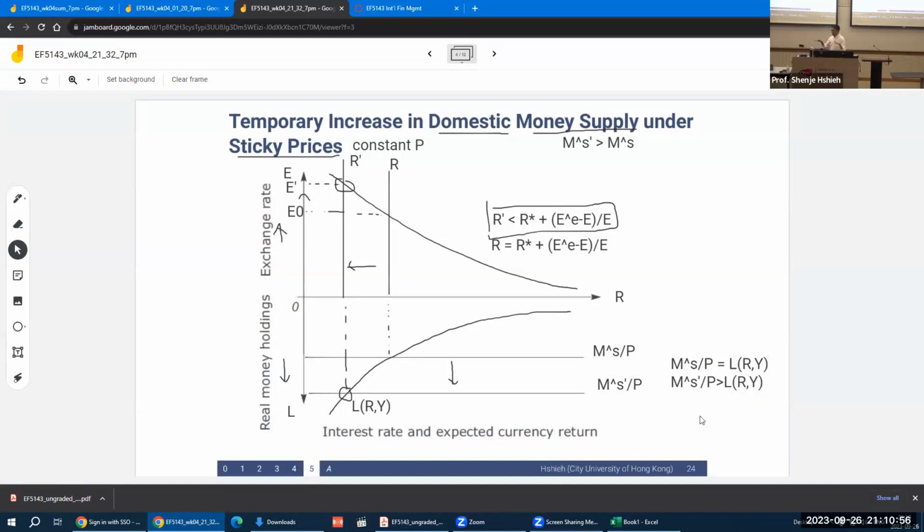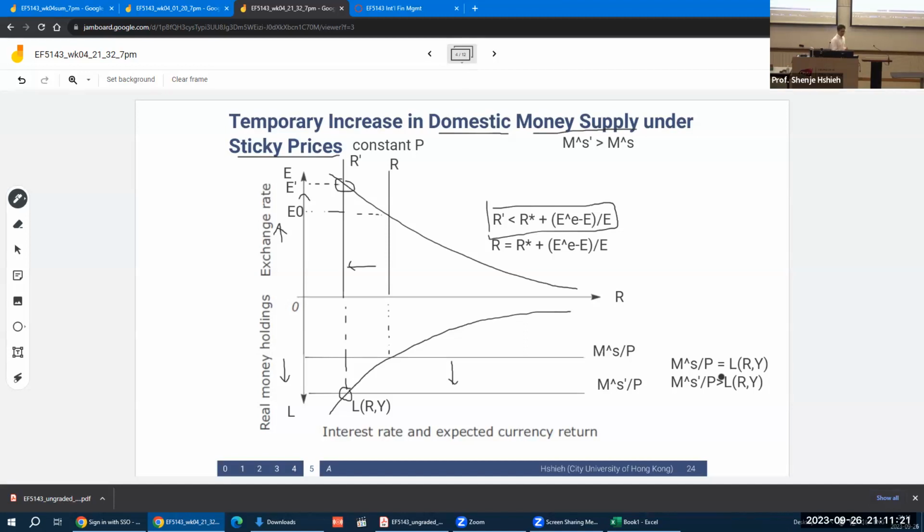We made no assumptions on the change of Y, so let's keep that constant. P is sticky, so P is constant. MS has increased, so the only other free parameter we have is R. And R therefore must move in a direction that undoes this inequality that's been created. So we need to find some way to increase L.